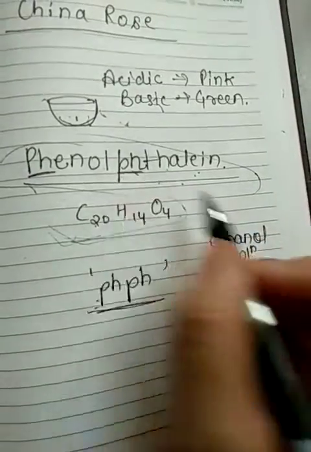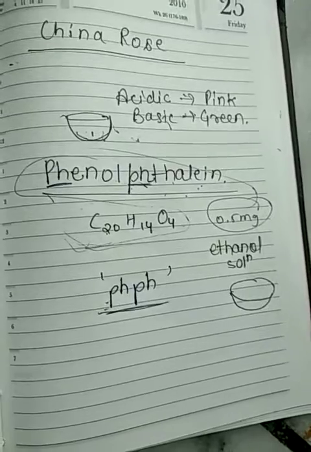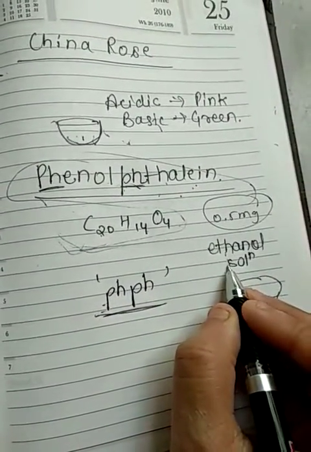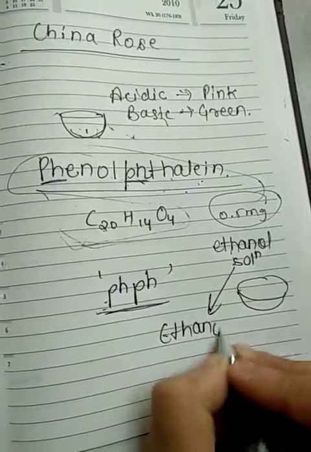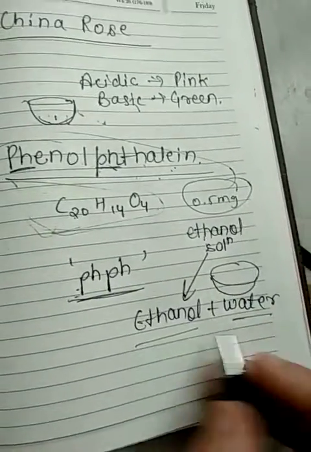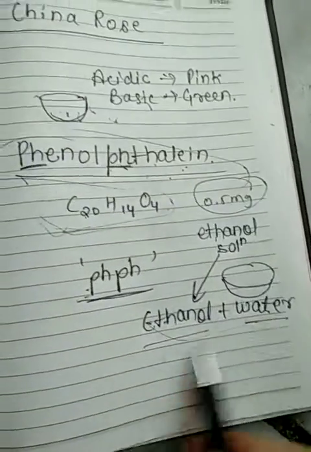A small amount, 0.5 gram of powder should be enough to form a solution. Ethanol solution is nothing but ethanol mixed with water. We have equal amounts of ethanol and water, 50% ethanol and 50% water, and this makes an ethanol solution.